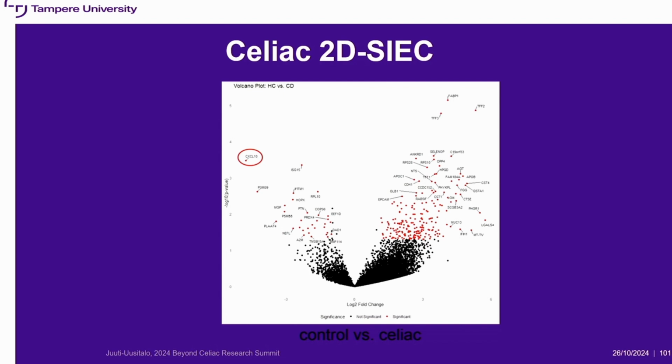This might suggest that the celiac disease patient induced pluripotent stem cell derived small intestinal epithelial cells have some kind of intrinsic behavior that they already express CXCL10.